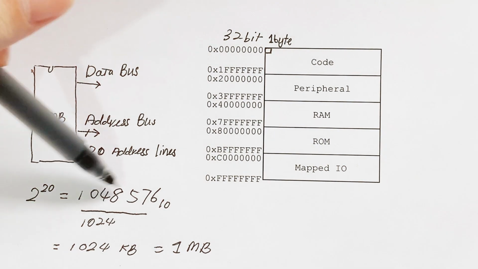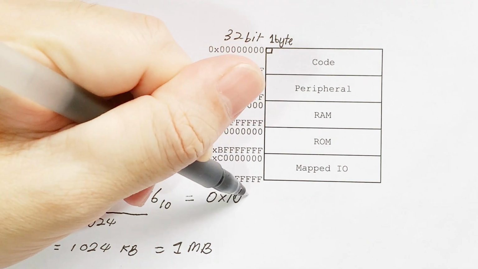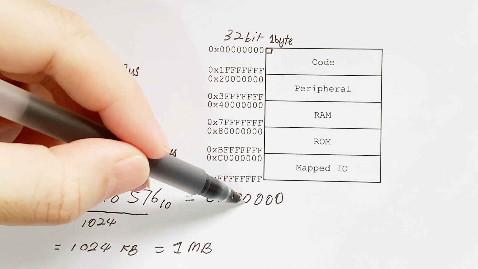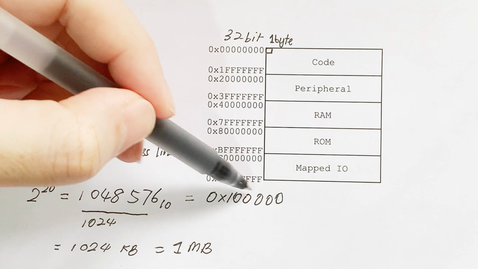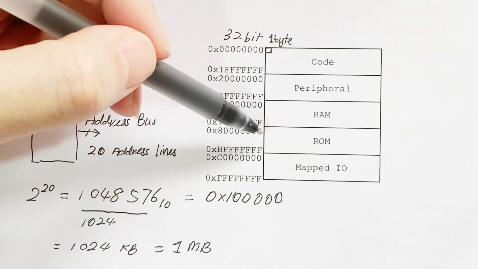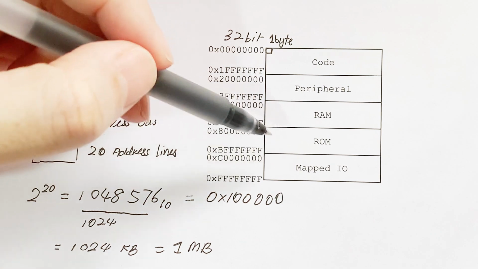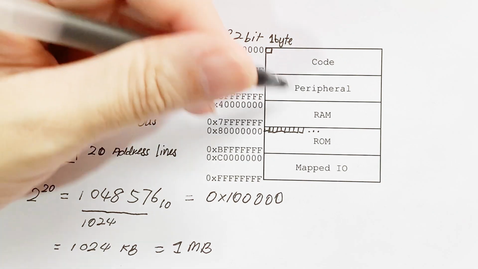When we convert this decimal number into hexadecimal, it is equivalent to 100000 in hexadecimal. So in other words, 100000 in hexadecimal is equivalent to 1 megabyte. This is the total number of bytes that can be allocated inside the memory.